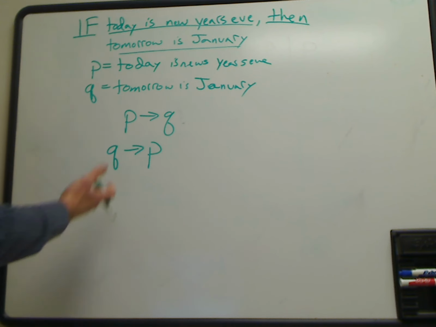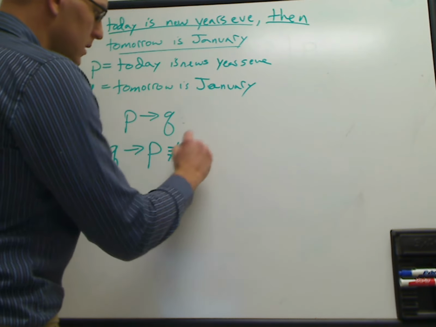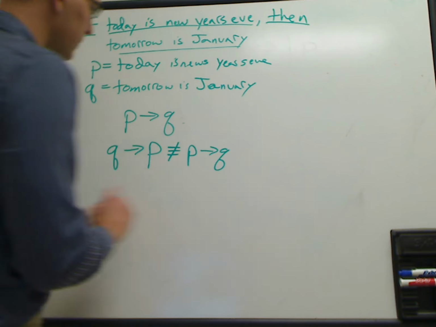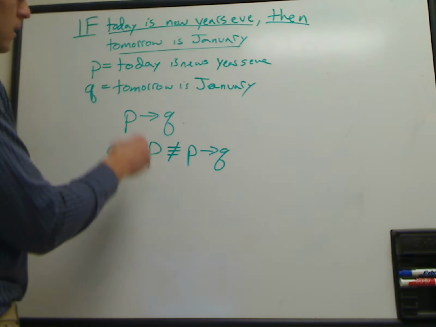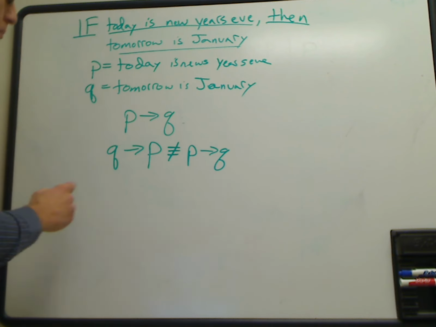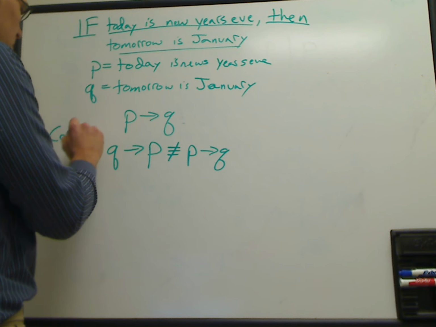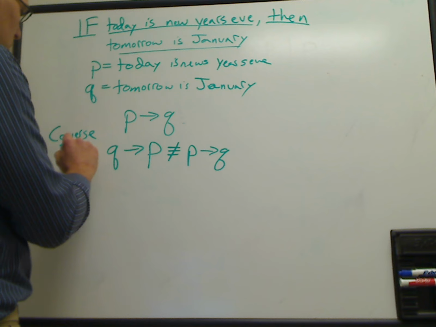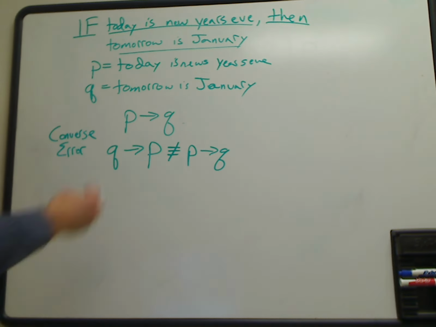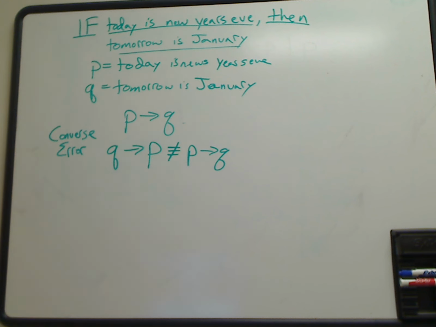But it turns out Q implies P is not logically equivalent to P implies Q. Translating this statement from P implies Q to Q implies P is actually an example of the converse error. Q implies P is actually the converse of P implies Q, and they aren't logically equivalent, like I said.